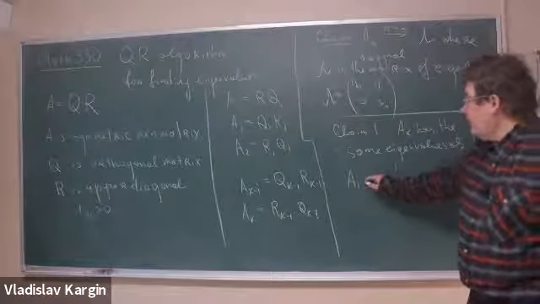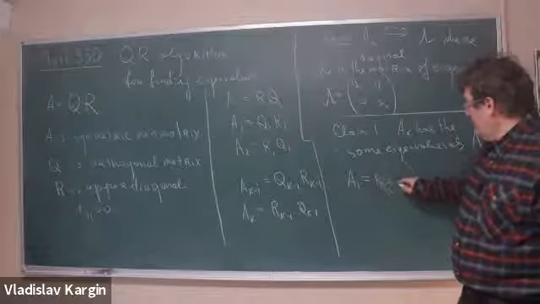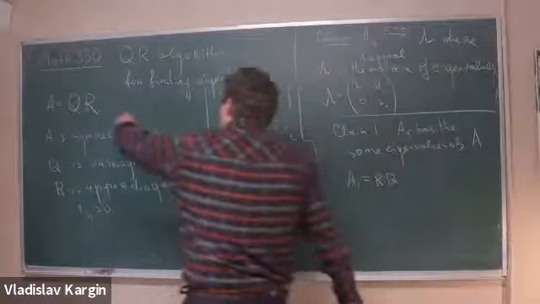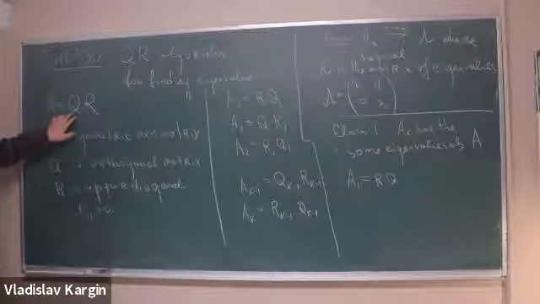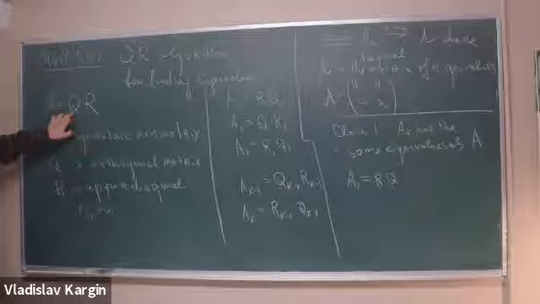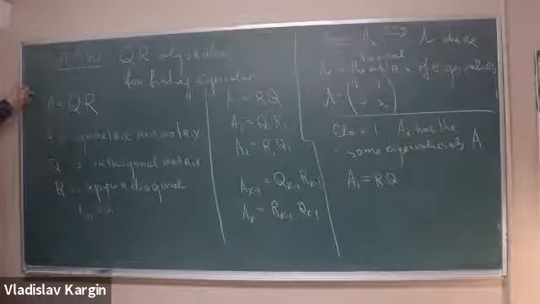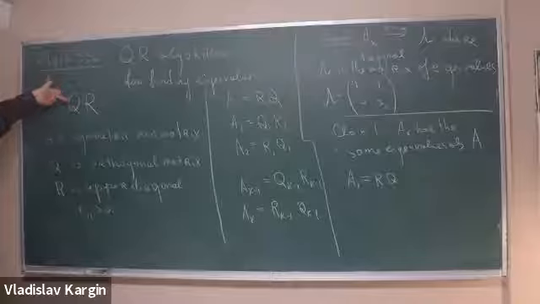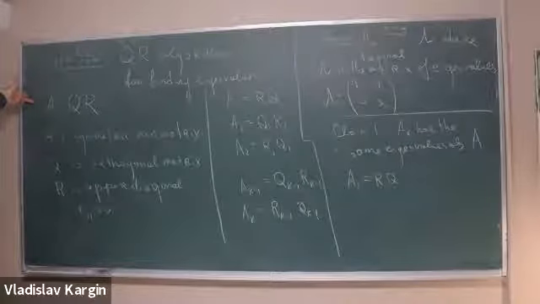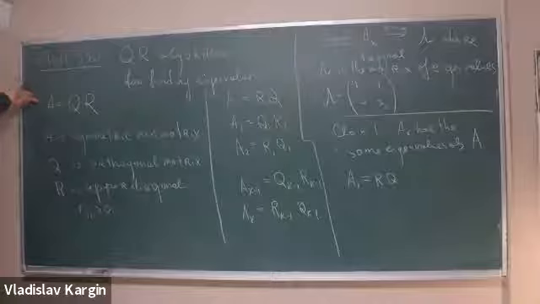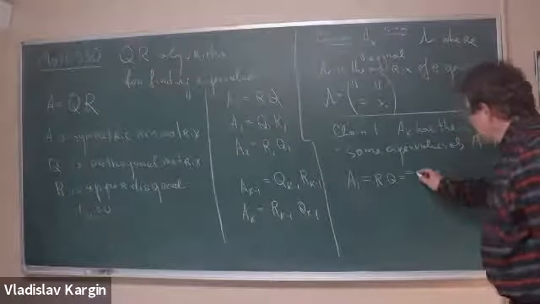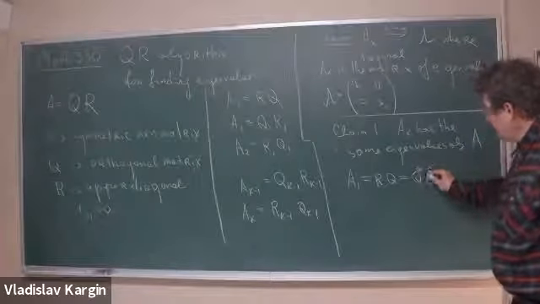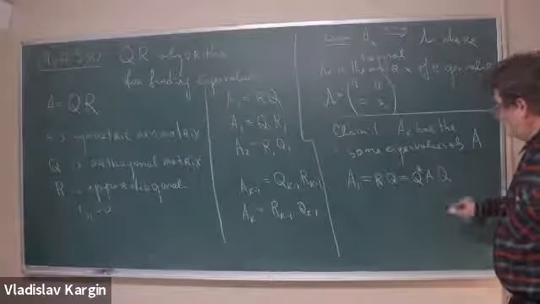If you look at what R is, from this equation, Q is an orthogonal matrix. So we can multiply this equation by Q star on both sides, and we'll get that R is equal to Q star multiplied by A. So A1 is equal to Q star multiplied by A multiplied by Q.